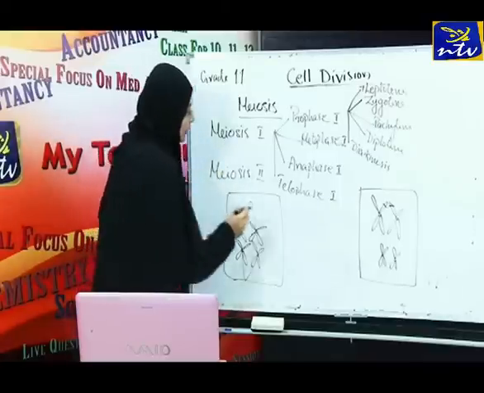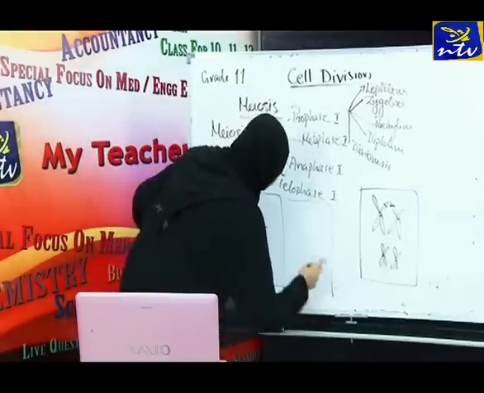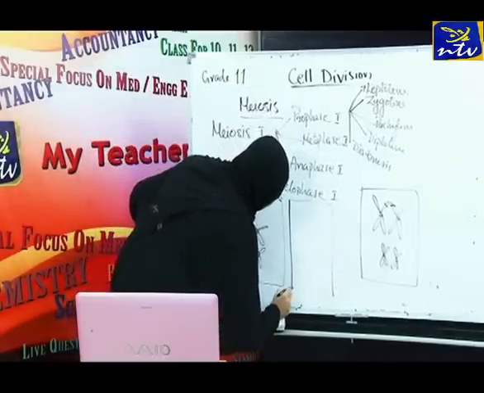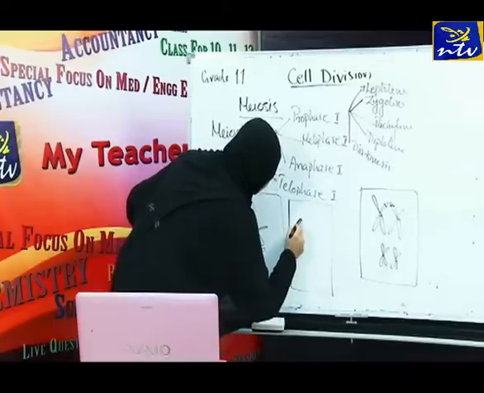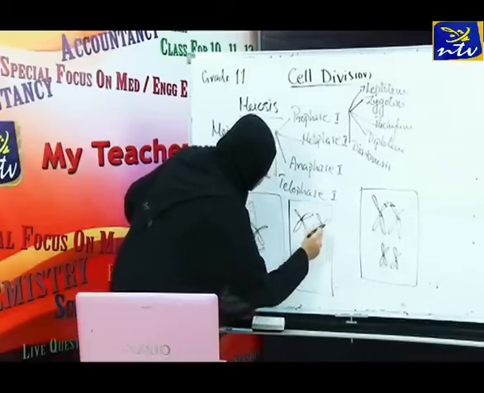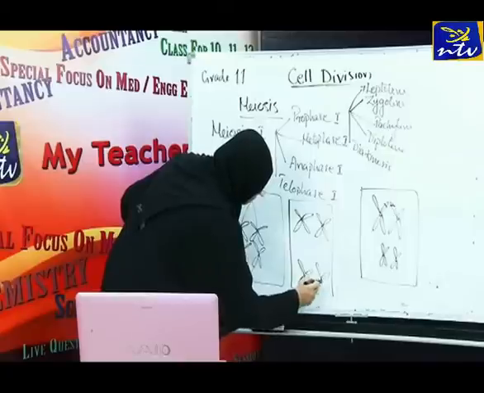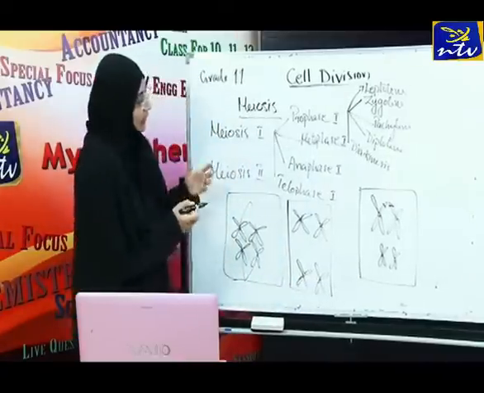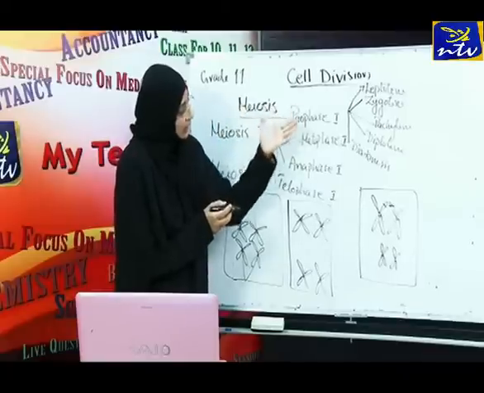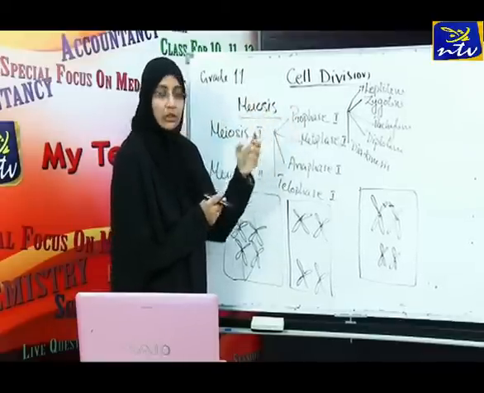Then in anaphase, what is getting separated? Homologous chromosomes are getting separated. So we can see, as you have studied, in the tetrad or pachytene stage crossing over takes place.